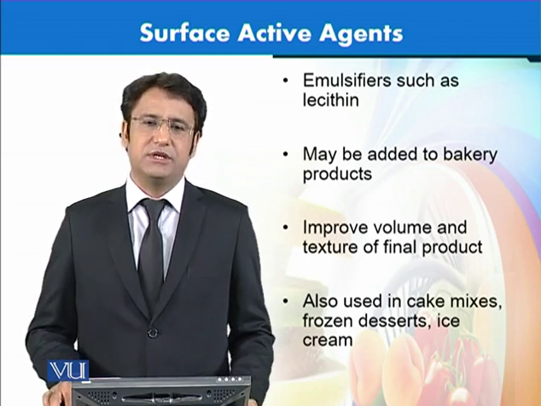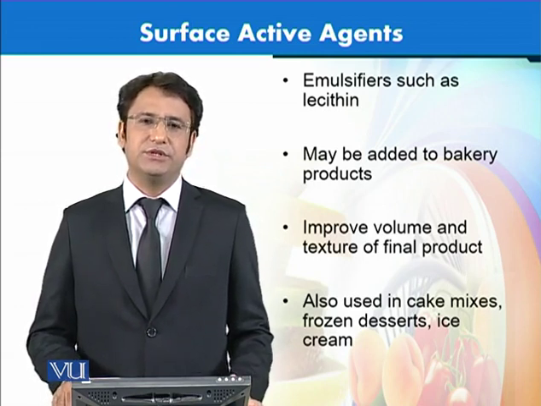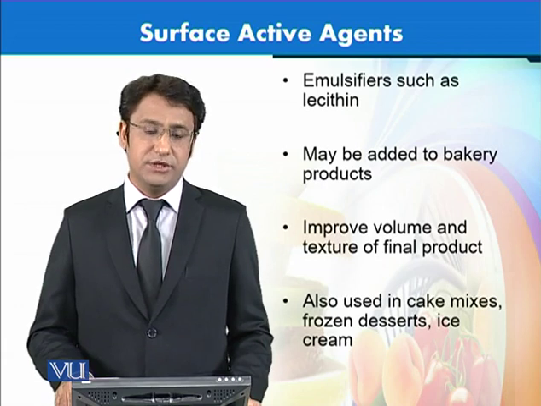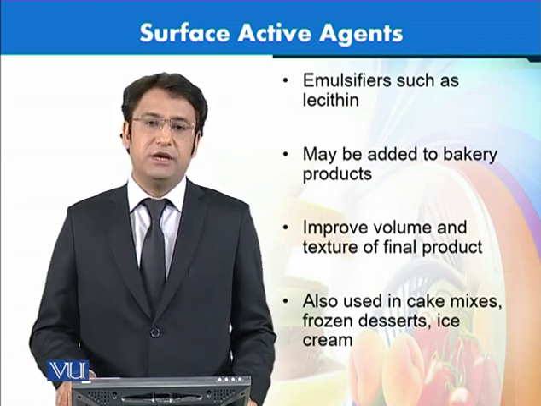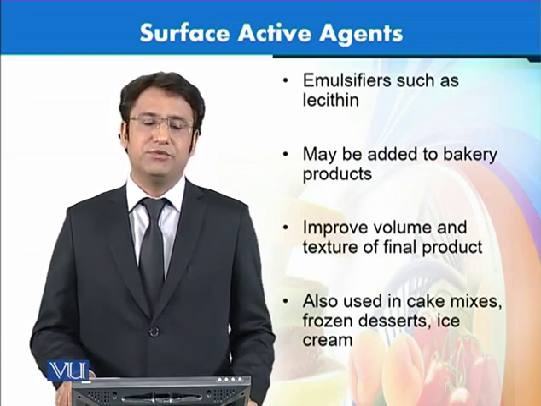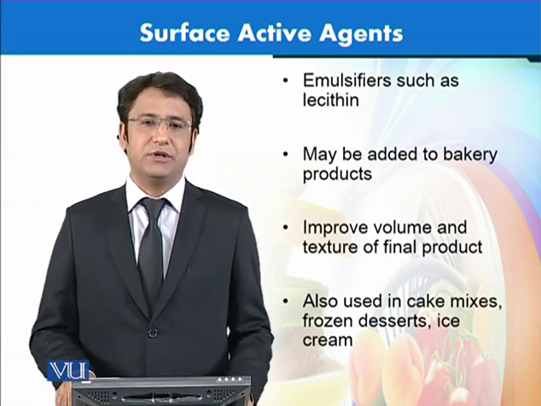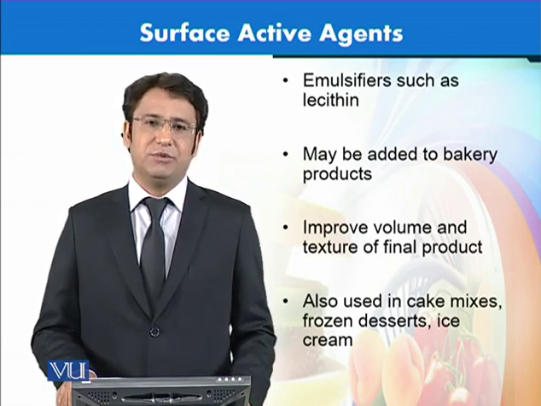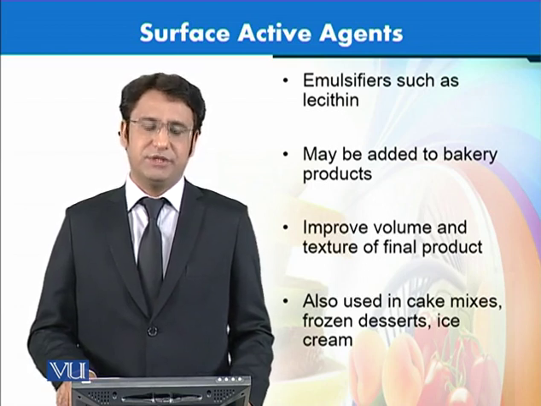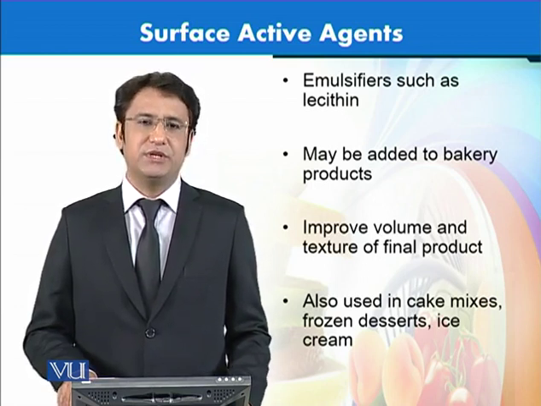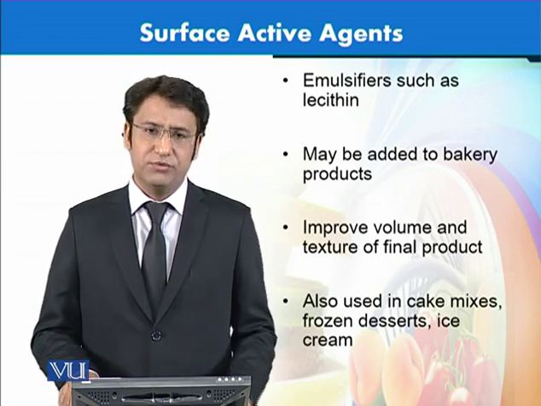Surfactants or surface active agents have got wider application in bakery industry, and especially in bread. If you look at the labels of most bakery products or bread, they would always have some emulsifier in them, and the purpose of these emulsifiers is they improve the texture and volume of the final product.